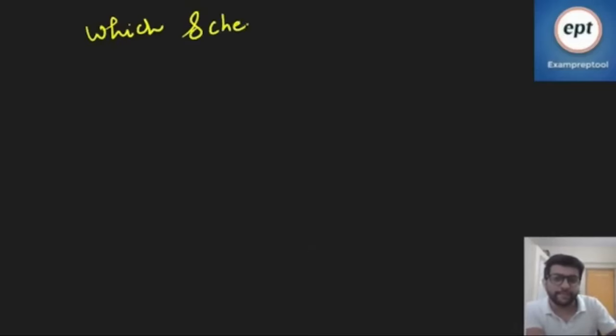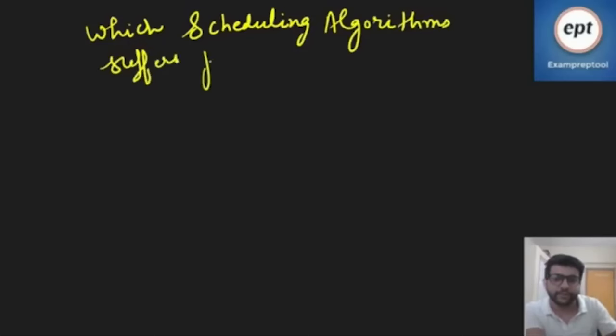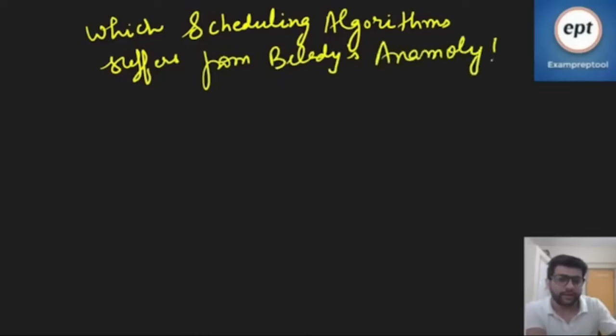So let me just revise a few things: which page replacement algorithms suffer from Belady's anomaly, right?